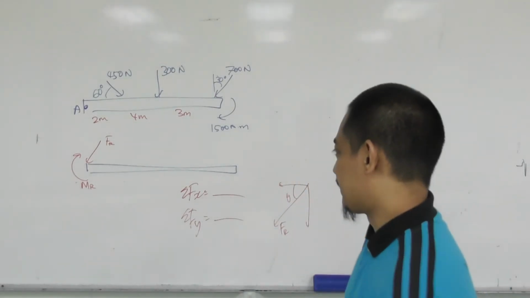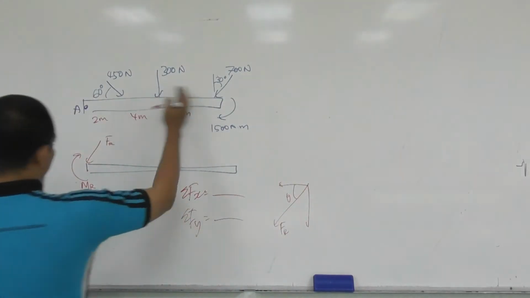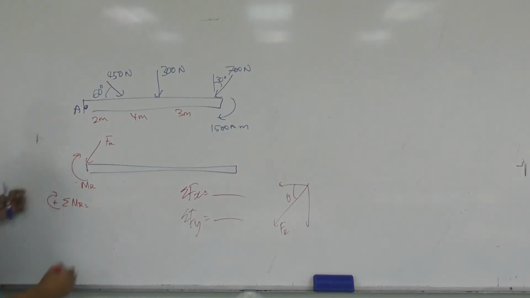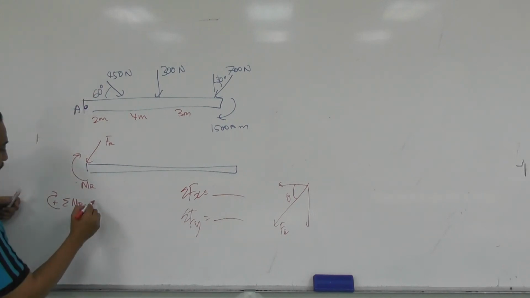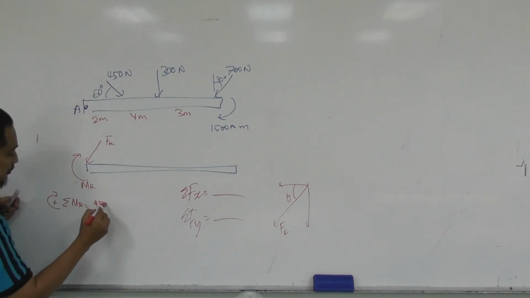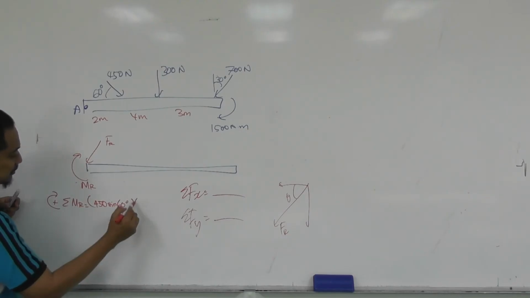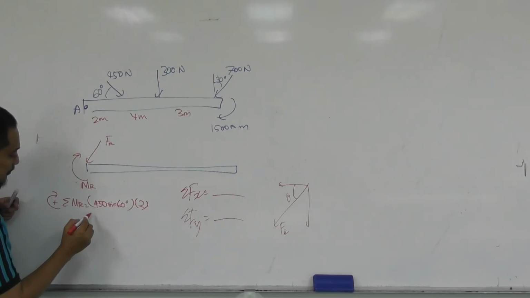What about MR? MR is simply the effect of all moments. So the summation of MR, if we take clockwise as positive, will be 450 sine 60 times the distance of 2, and that's clockwise.